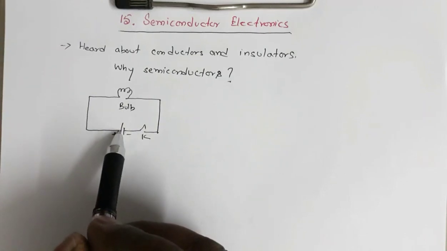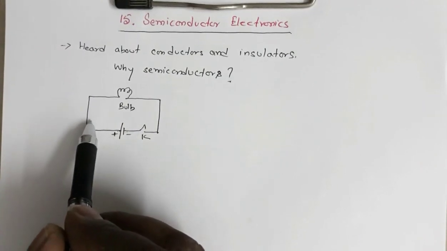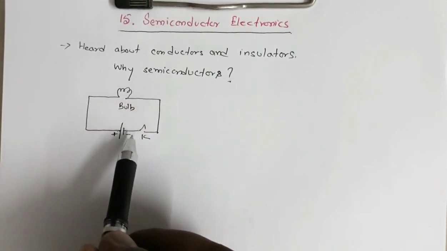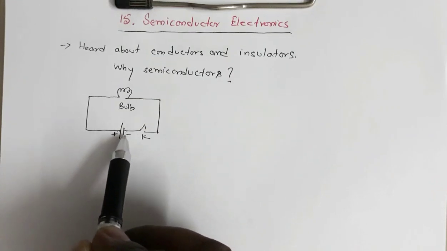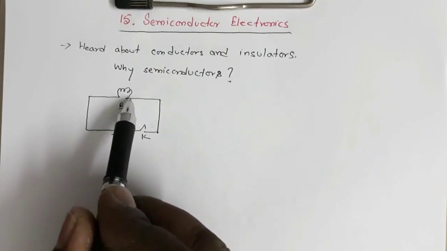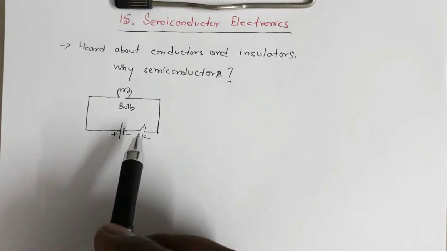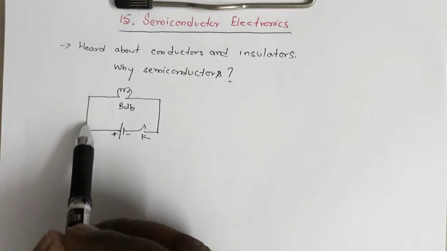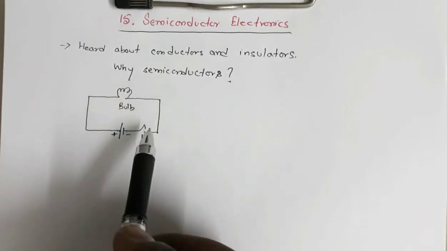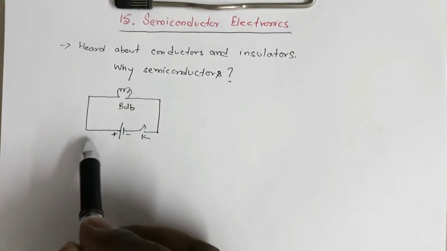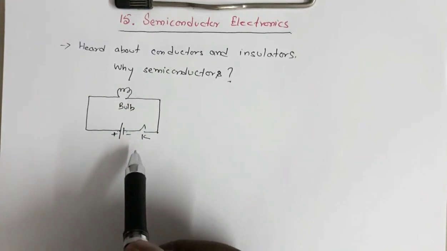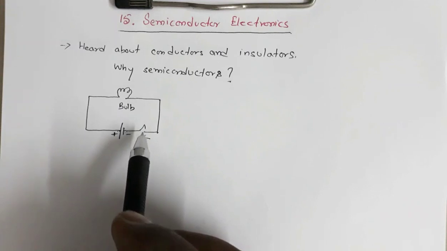So in the first case, when this side you have high potential and this side low potential, current will flow in the clockwise direction. When the polarity of the battery is reversed, the current will flow in the anti-clockwise direction. So the current in the conductor flows irrespective of the nature of potential difference.